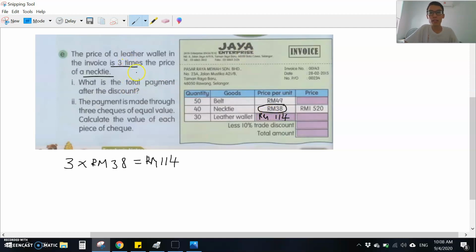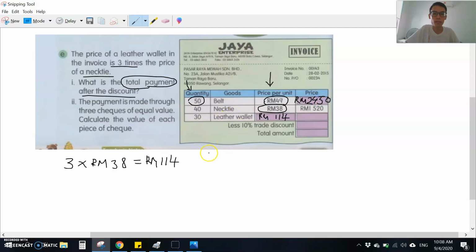Then you have to find out the total payment after the discount. So you take the quantity, bilangan, times harga per unit. Ini harga per unit. So bilangan 50. So 50 times 49 total is 2,450.